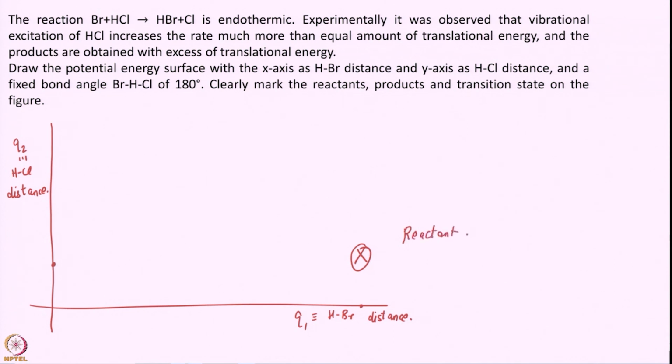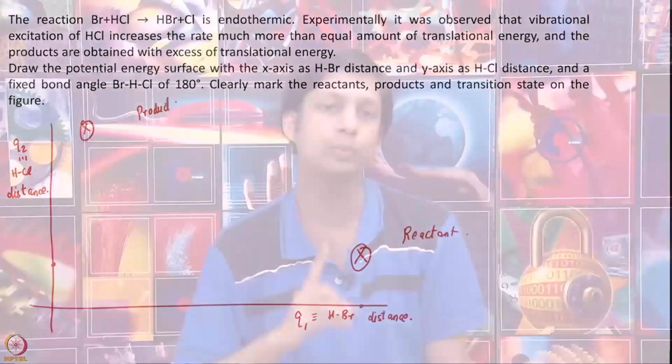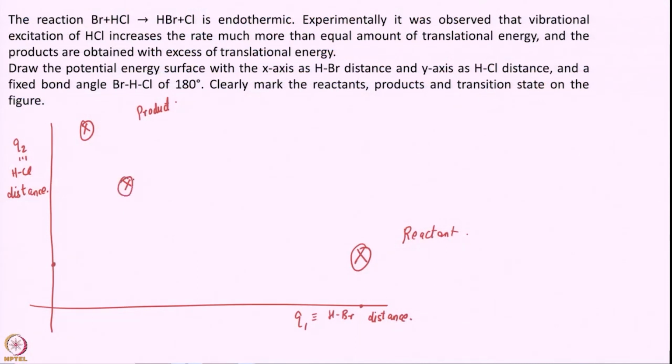Where has to be my product? Q1 has to be small, Q2 has to be large. This point must refer to the product. Now, also remember we have argued that a transition state must sit closer to the product than to the reactant. So, this is somewhere which will be the transition state.